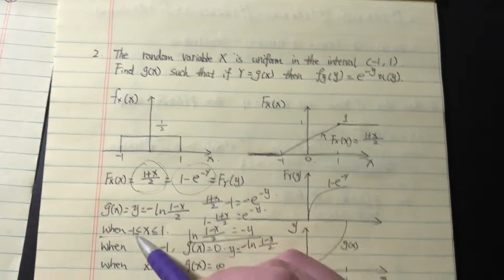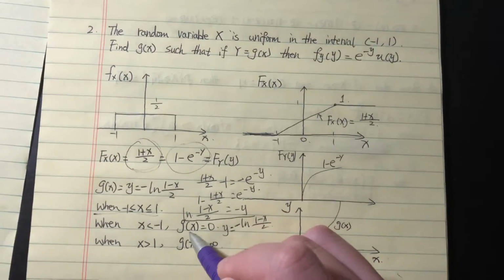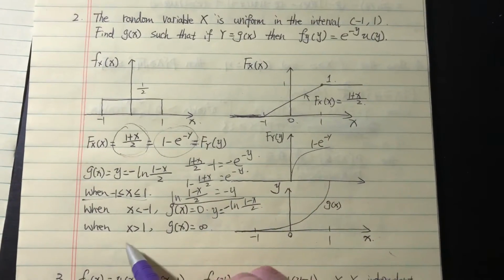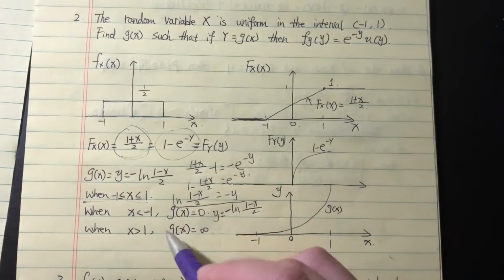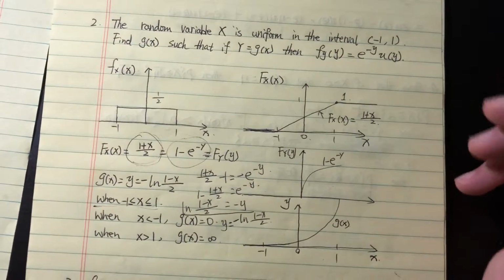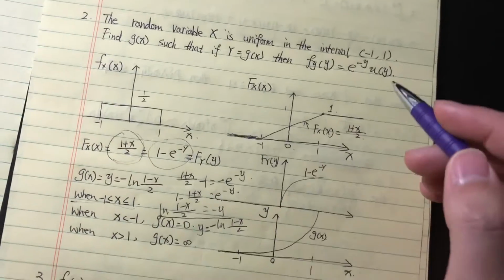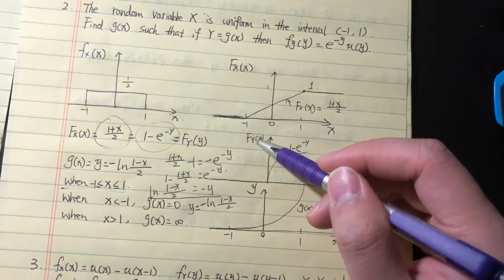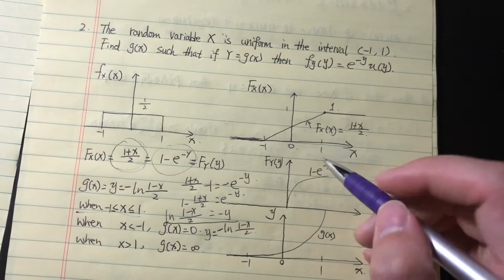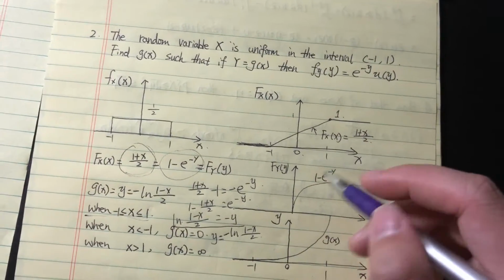When x is out of this range, for example when x is less than -1, the g of x, which is y, is equal to 0, and when x is larger than 1, the g of x is going to be infinity. Based on these equations, we can also draw the distribution function of Y, which is equal to 1 minus e to the power of -y.